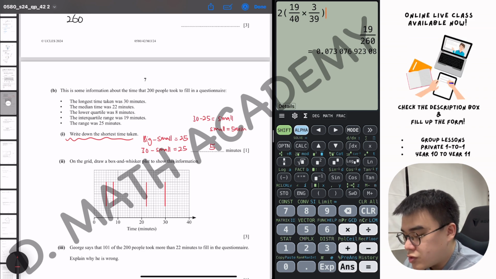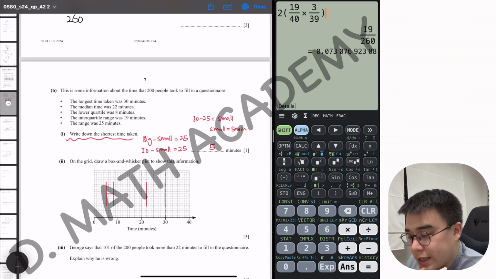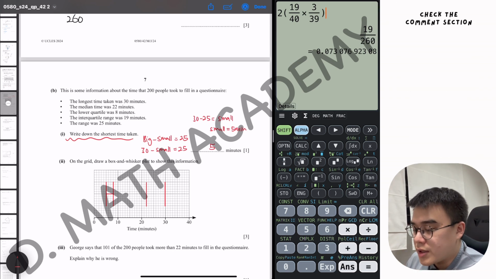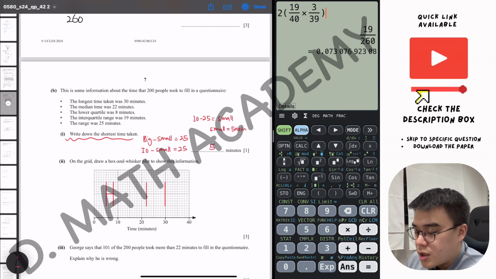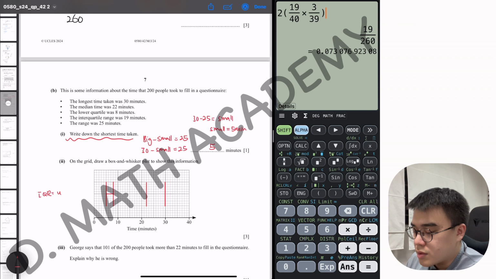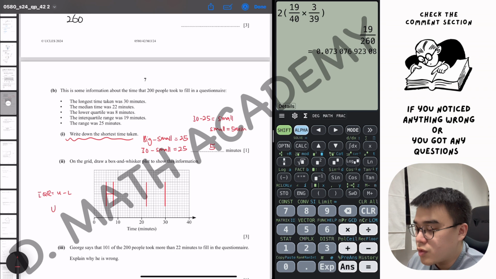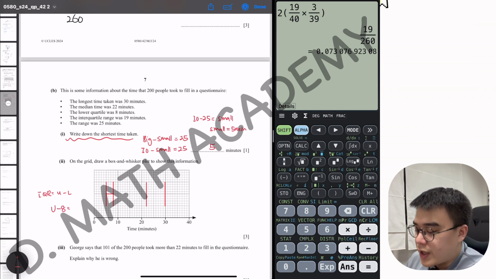You have one last thing to draw, which is the upper quarter. They hide that from us by giving the interquartile range. The interquartile range equals upper quartile minus lower quartile. We don't know the upper quartile, but we do know the lower quartile, which is 8, and they have a difference of 19 here.